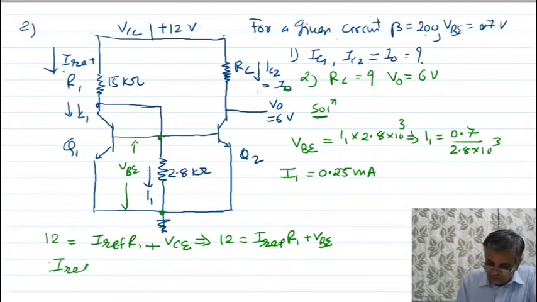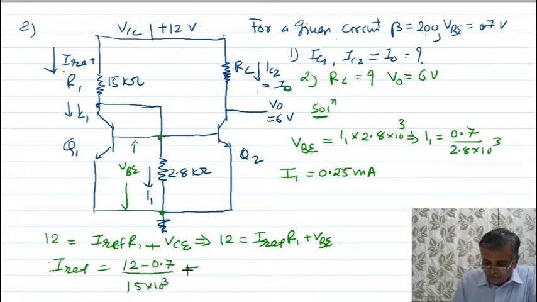I reference is equal to 12 minus VB, VB is 0.7, upon R1 which is 15 into 10^3. If you do this calculation, you will get I reference equal to 0.75 milliampere.